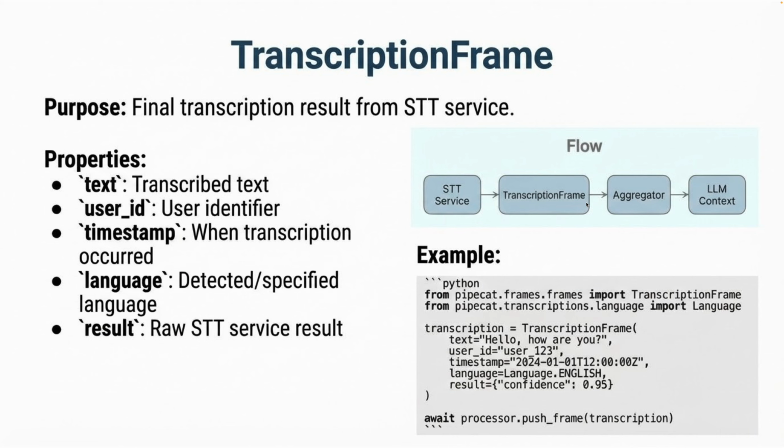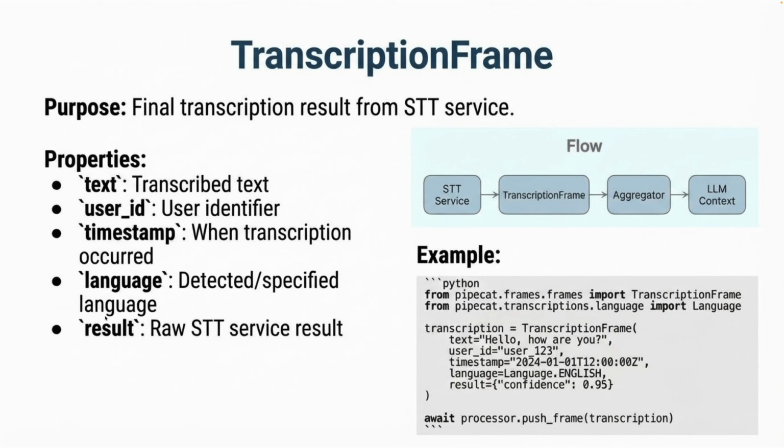The whole transcription of what the user spoke. So it acts as the user input for the system, and it derives the LLM response. So it is building the context of what the user has spoken, and now we can feed this transcription frame to the LLM to know what to respond.